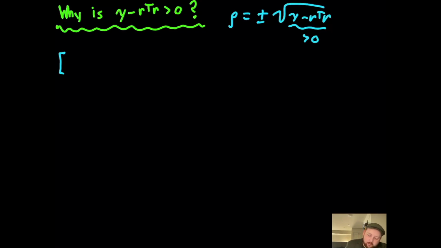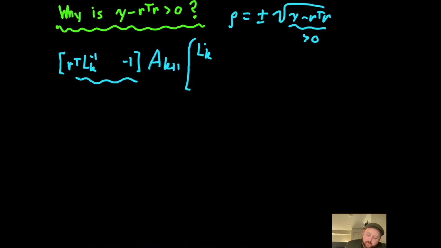I'm going to pick the vector R transpose L_K inverse, and then a single entry of -1, times A_{K+1}. Then, because this is my x transpose, I take the same vector and transpose it: L_K minus transpose, which is just the inverse transposed, R, and a single entry of -1 right there.